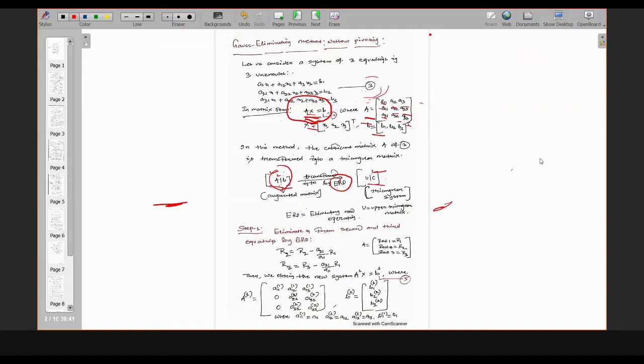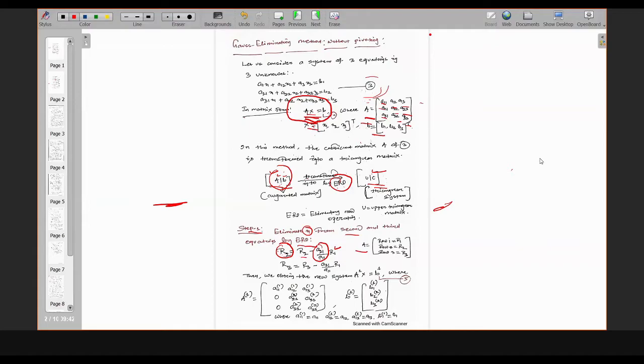We eliminated x1 from the second and third equations by elementary row operations. So how do you do that? I used R2 equals R2 minus the multiplier A21 upon A11 times R1. This is the first elementary row operation applied to row number 2.